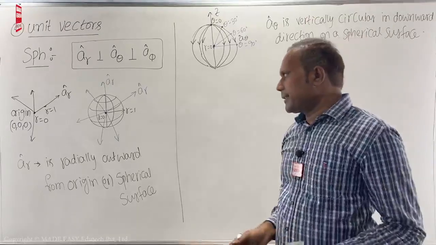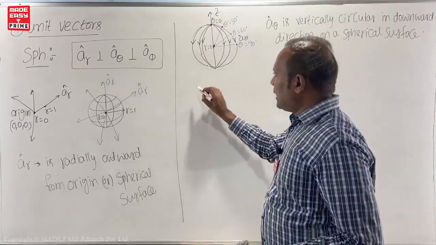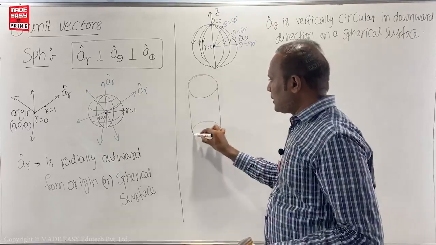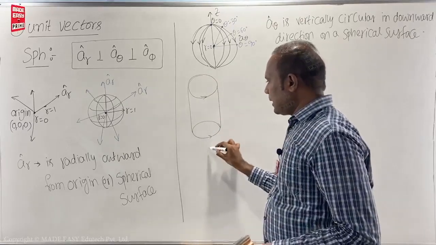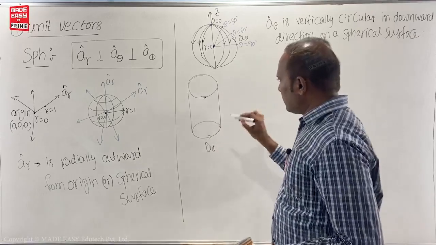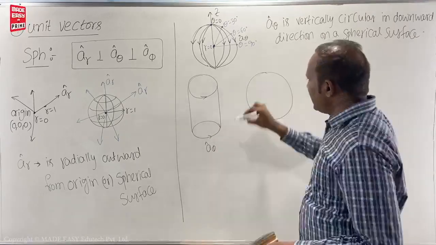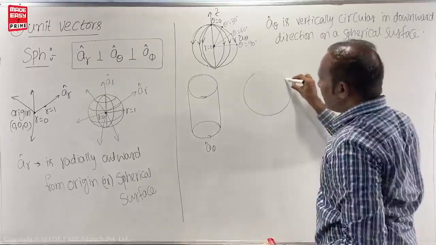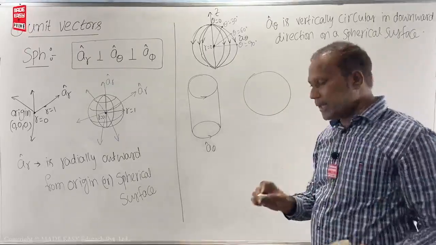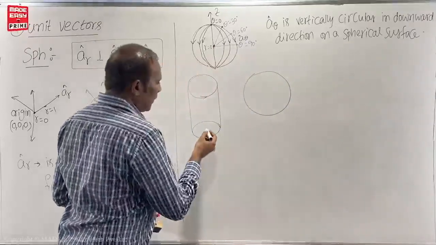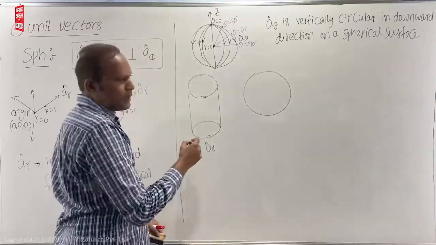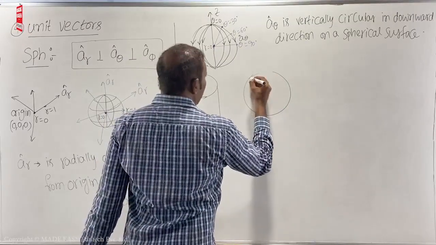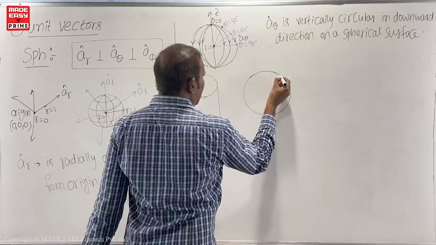Now, no need to discuss. If you take a cylinder, on the cylinder, this is a pi cap. Now, if you take a sphere like this, on the sphere, here you are taking horizontal circles on the cylinder, but here you have to take horizontal circles on the sphere like this.